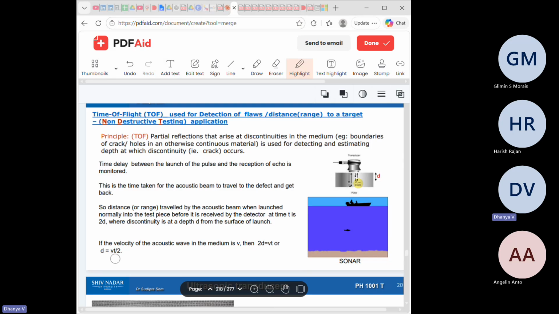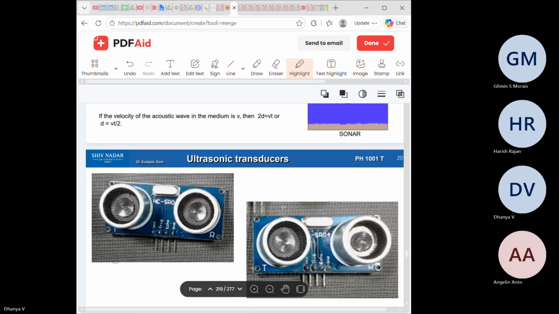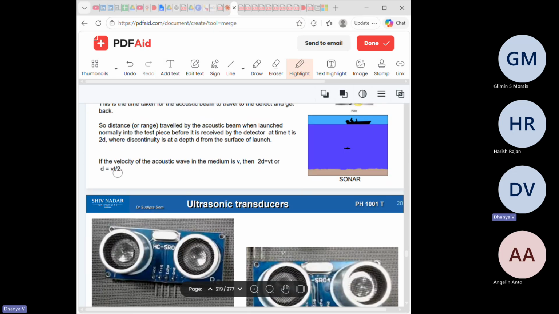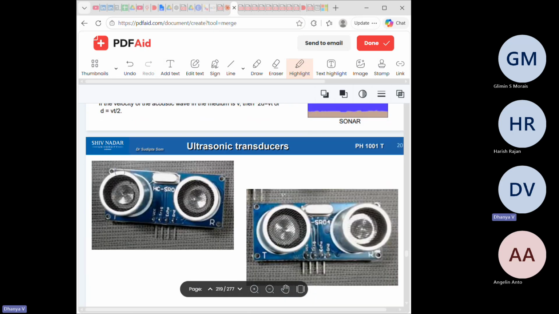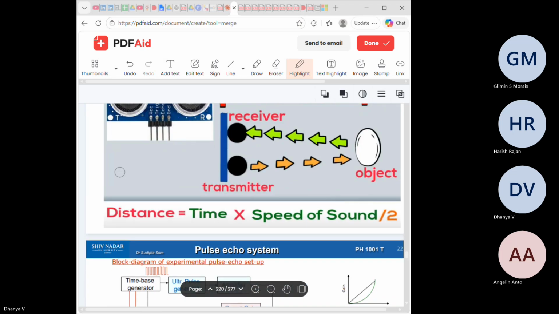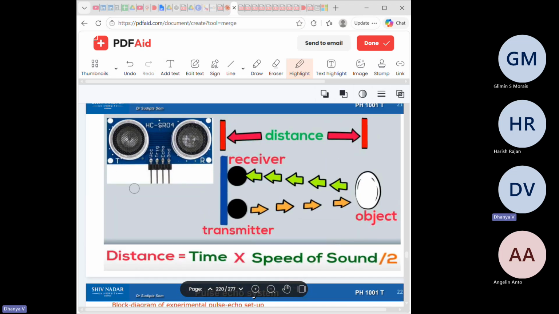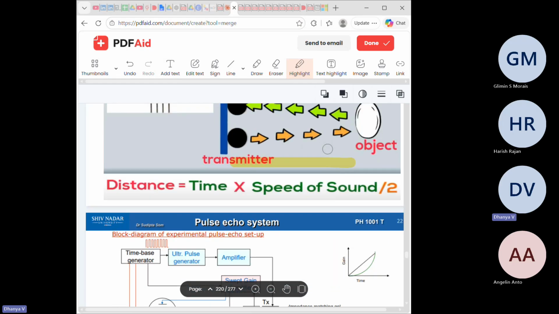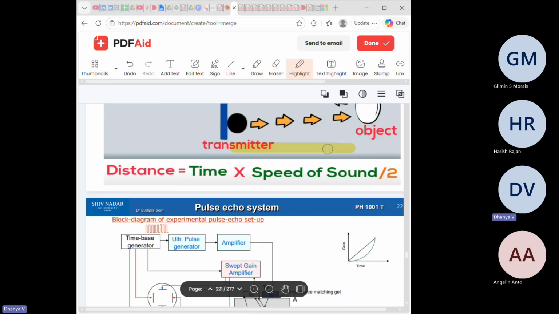That's why we have this. Essentially d is equal to vt, but 2d is equal to vt. Same thing mentioned here. If this part is your d, then it's 2d. So distance equals time into speed by 2.